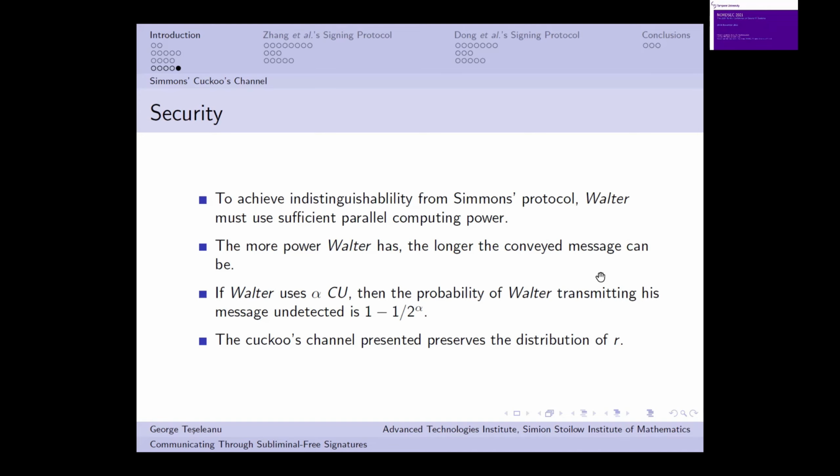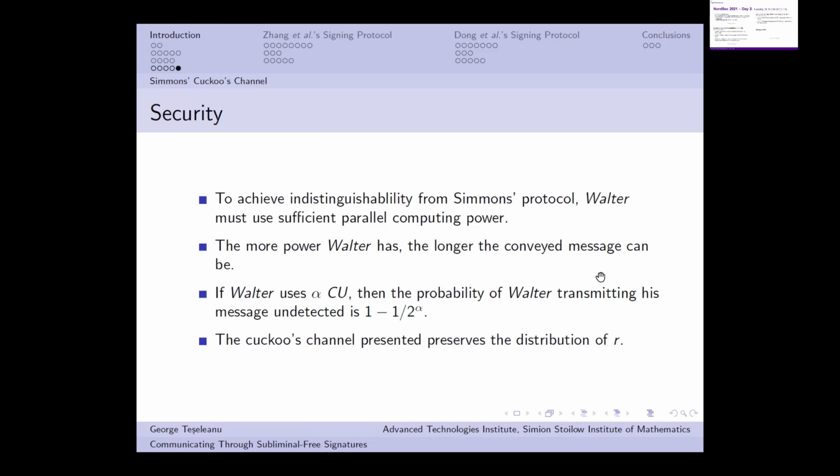Why is that? Because he can more reliably convey bits in the protocol. And if he does this for several protocols, then he conveys a message that has the same length as the number of protocols.